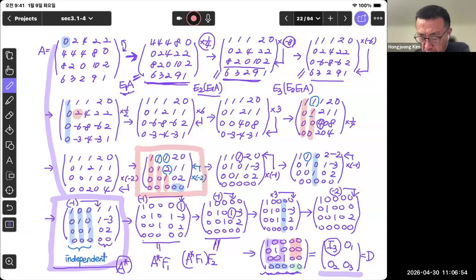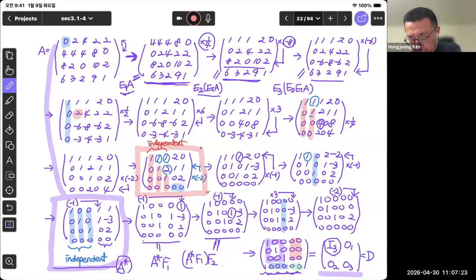So I can see that they are linearly independent. So I can stop at this red box and then I can claim the rank is 3, right? But you may have some doubts, so let us go back to this example later, okay?